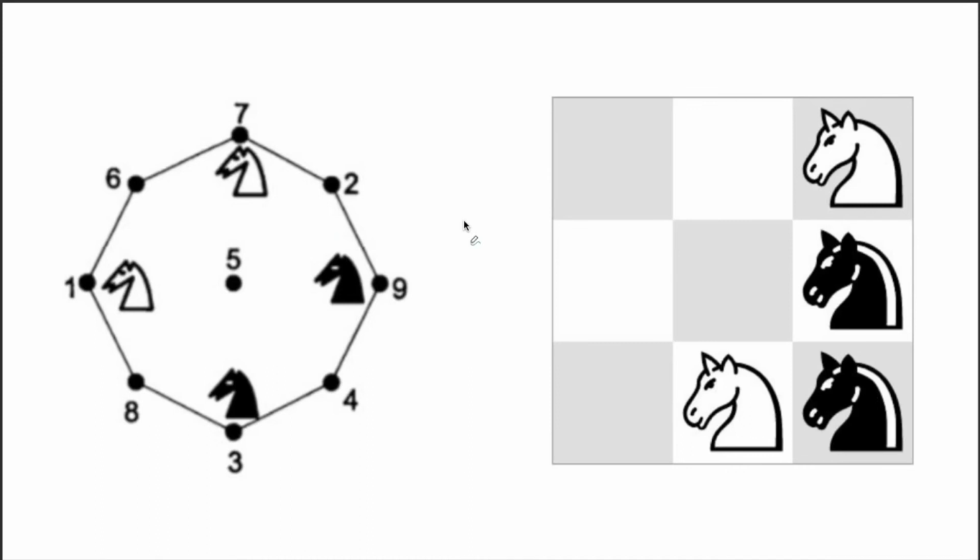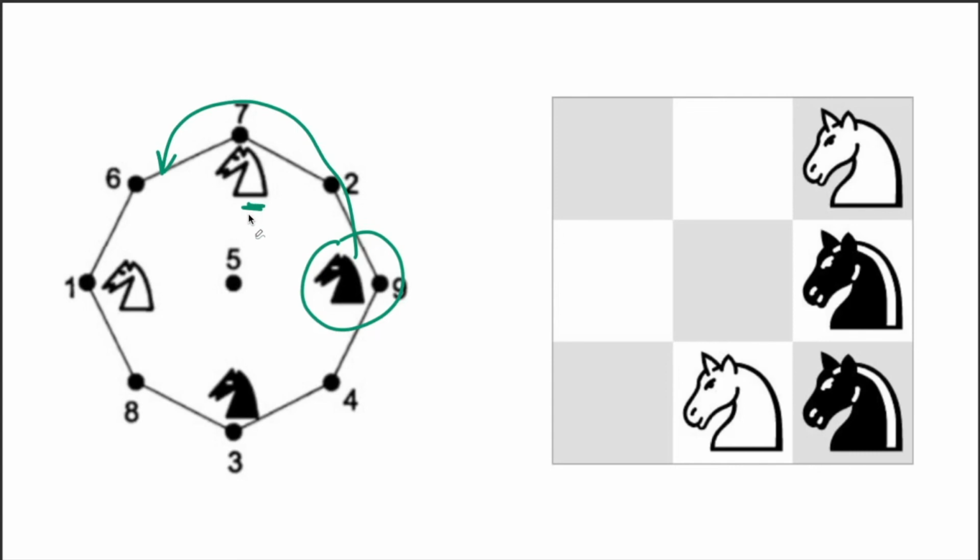For example, if the black knight at position 9 wants to cross over the white knight at position 7 in order to move between the 2 white knights, it would have to be on the same position as the white knight at some point of time. But since it's not possible to have 2 pieces on the same position at a given point, we can say that it's not possible to reorder the knights.